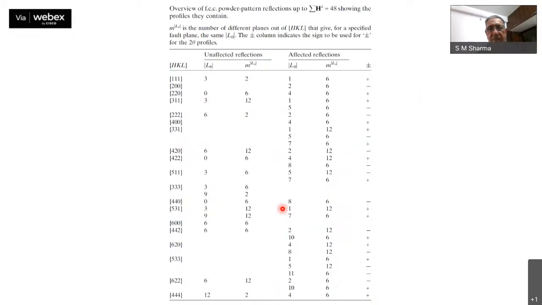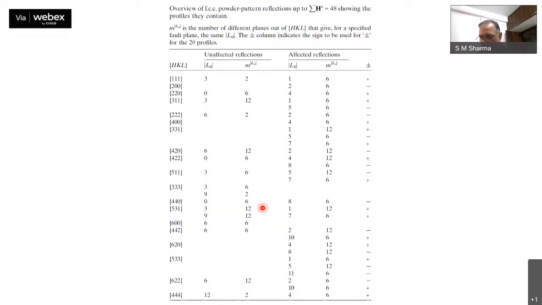These are the various HKL peaks, and these are the indications of which peaks will shift how much, in which direction, and so on. Some will shift in the positive direction under the existence of stacking faults. Some will shift in the negative direction. So one has to be very careful. Remember that under compression, all peaks shift to the positive direction.